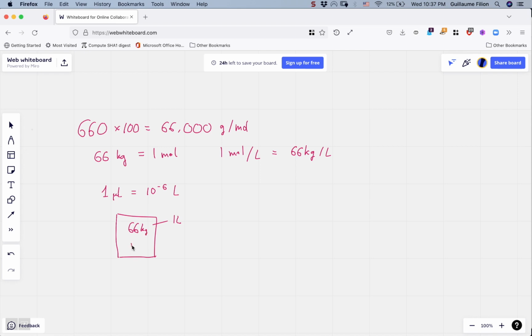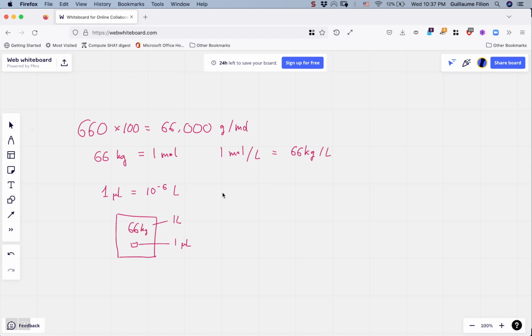But if I have a much smaller volume of water, which is 1 microliter, and if I want the concentration to be exactly the same, if this is 1/millionth of the total volume, then inside there must be 1/millionth of the total mass.